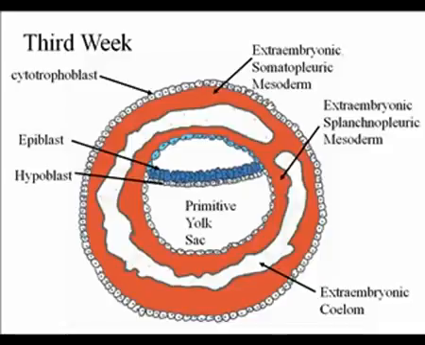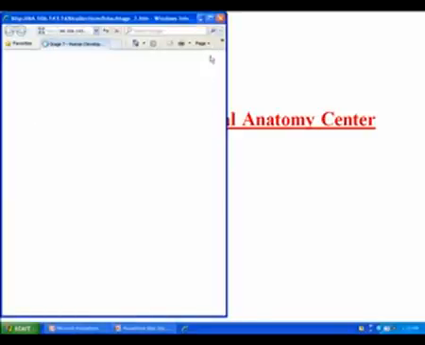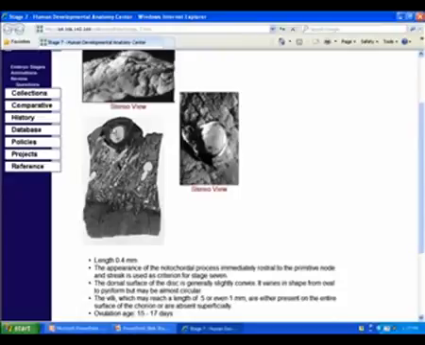The next stage that's going to occur from the beginning of the 3rd week through the beginning of the 4th week is gastrulation. If we look back to this website one more time, we can see where at 15 to 17 days, this is what the embryo looks like.